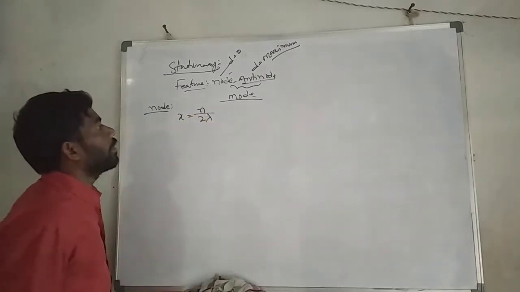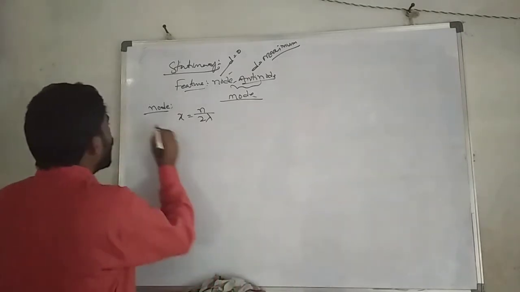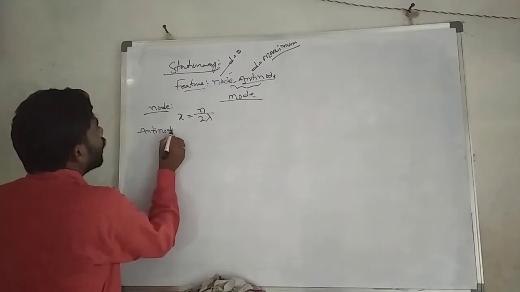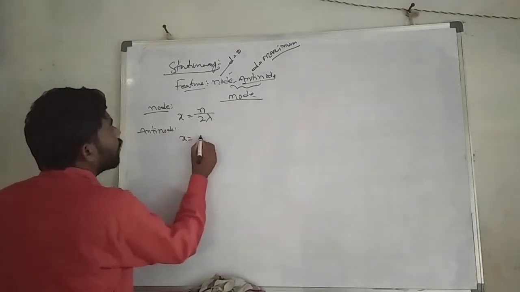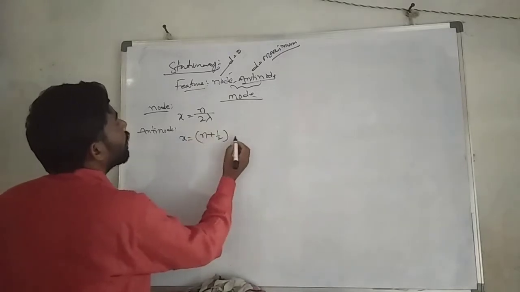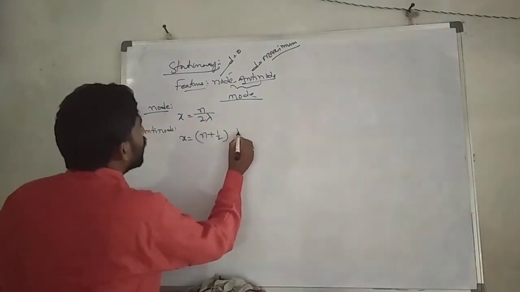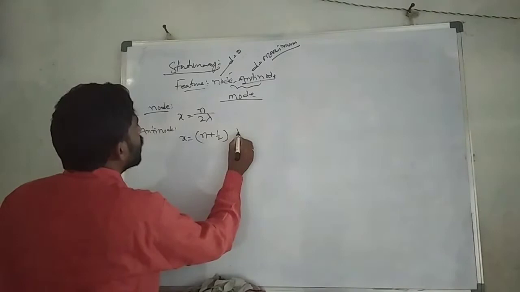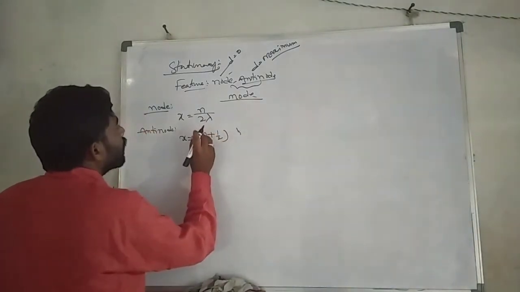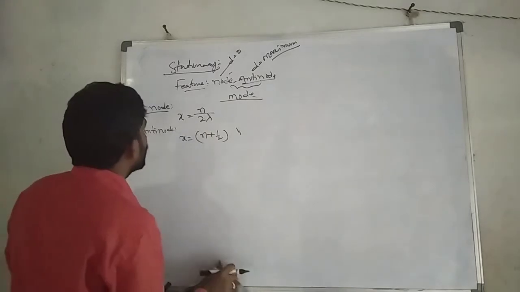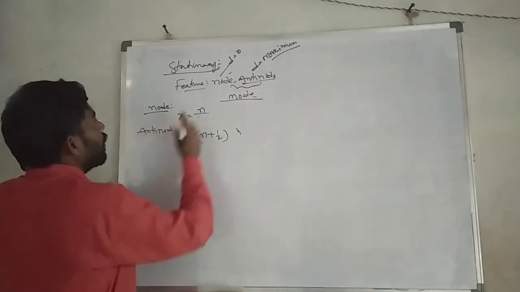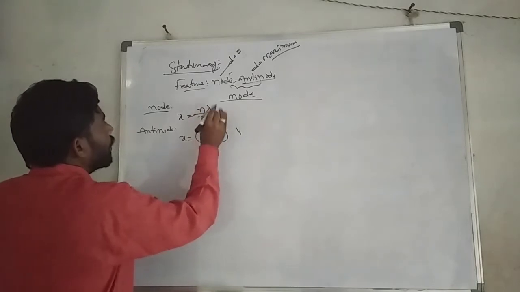For the antinode, x equals (n plus 1 by 2) of lambda by 2.